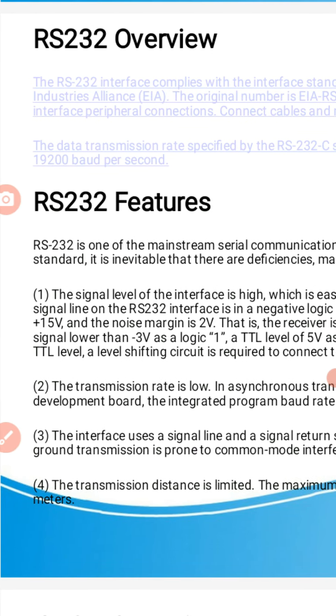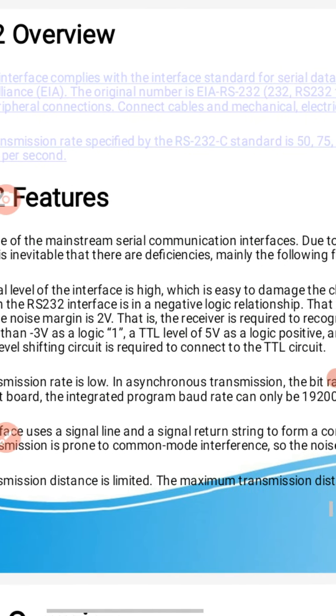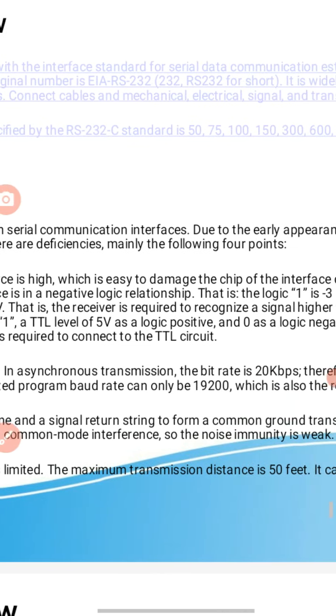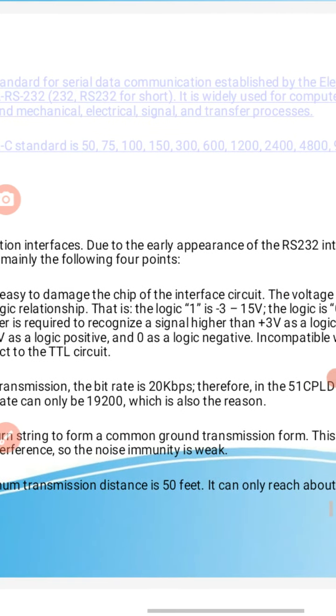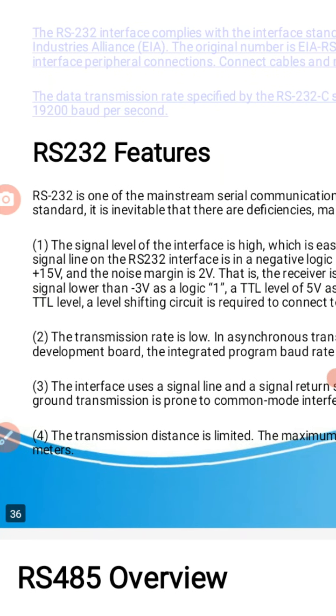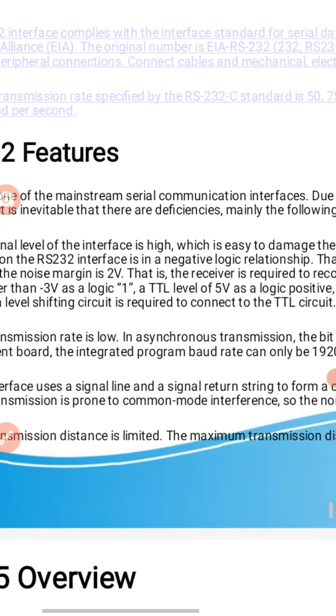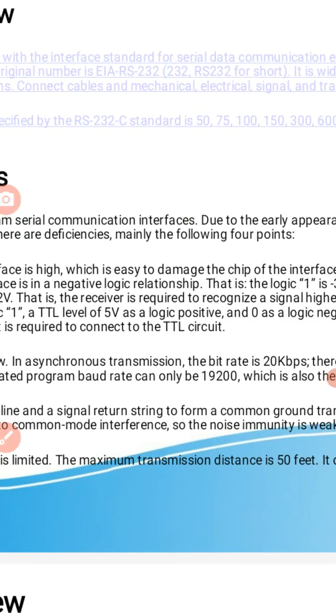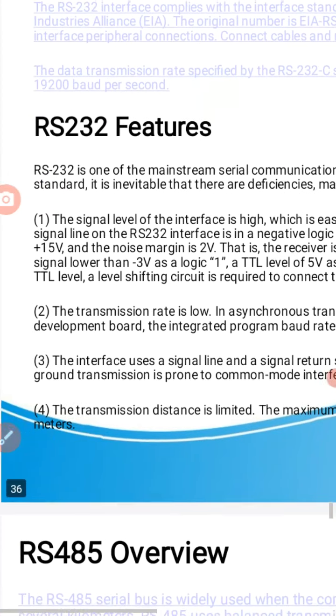Now the features of RS-232. RS-232 is one of the mainstream serial communication interfaces. Due to the early appearance of the RS-232 interface standard, it is inevitable that there are deficiencies. Mainly the following four points.